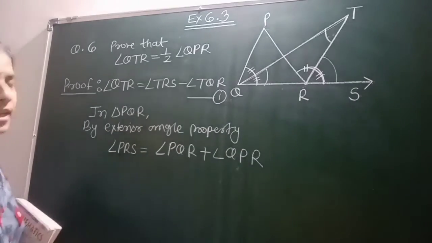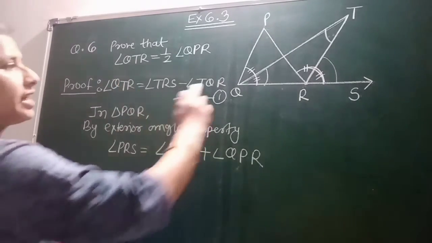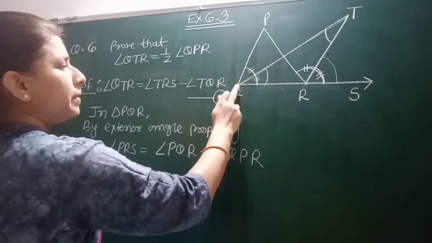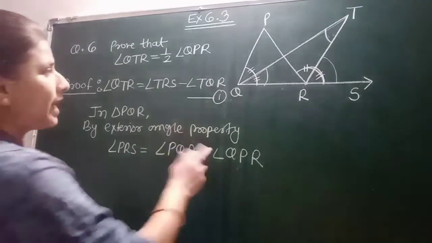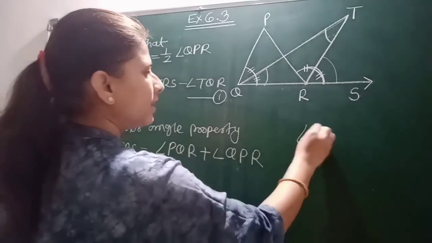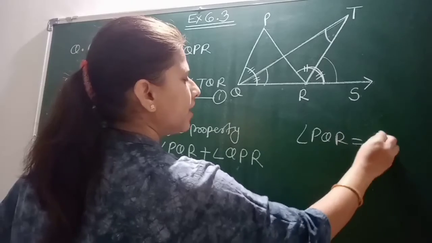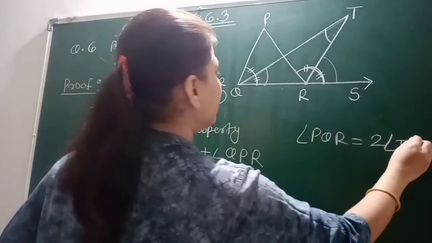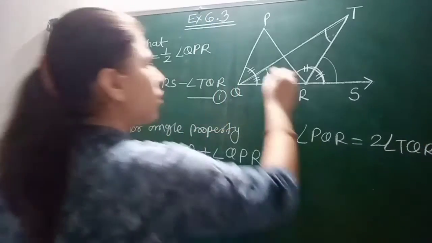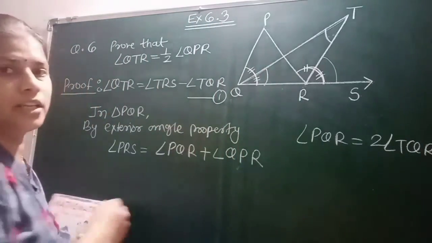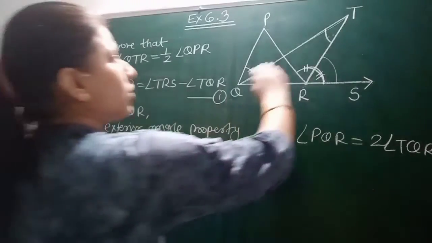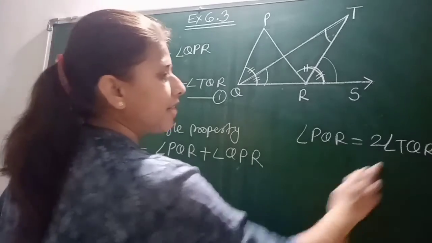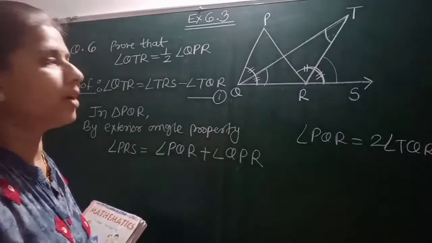Before that, as it is given that QT is the angle bisector of angle PQR, in place of this PQR, what can we write? We can write twice of angle TQR, because these angles are equal to each other, since QT is the angle bisector. So in place of PQR we can write twice angle TQR.